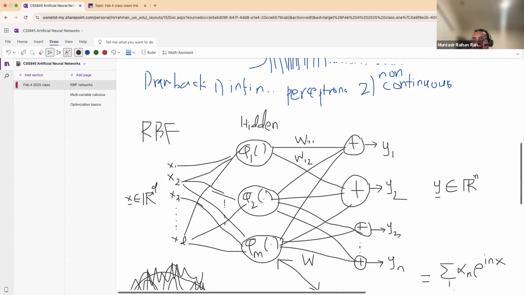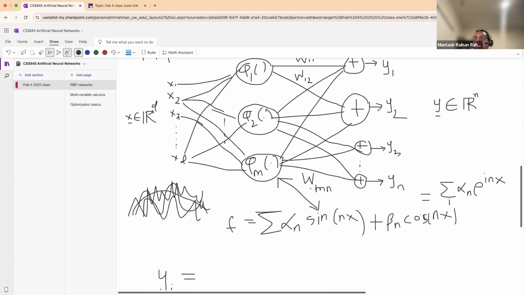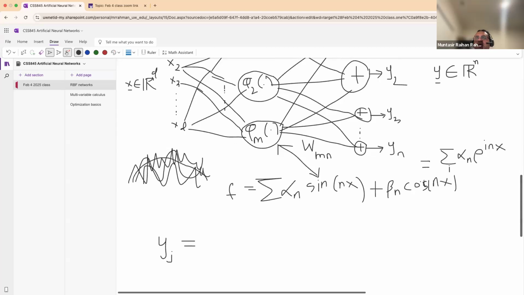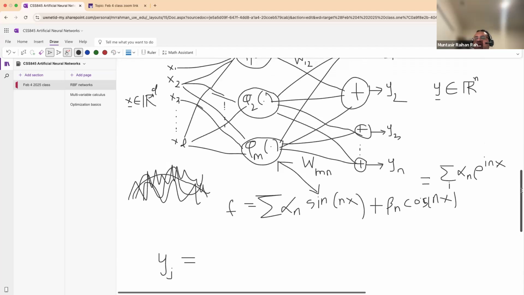The first index of w is from the basis function, and the second parameter is the output dimension. So this should be wmn. All right. So we have all this fully connected layer of weights. And now how would you write yj in terms of all these parameters here? Any guess?